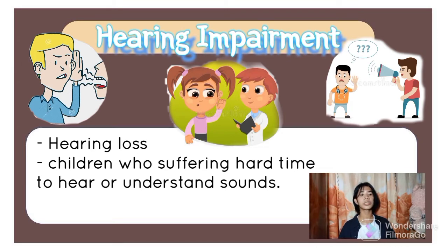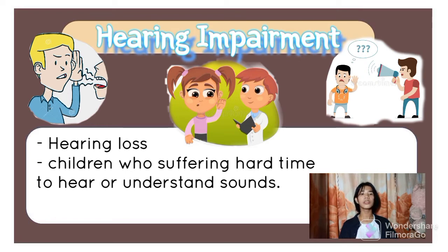This is often used to describe a wide range of hearing losses, including deafness. Earlier, I discussed visual impairment, which is a physical condition that concerns vision. Now, hearing impairment is any physical condition that affects our auditory sense.